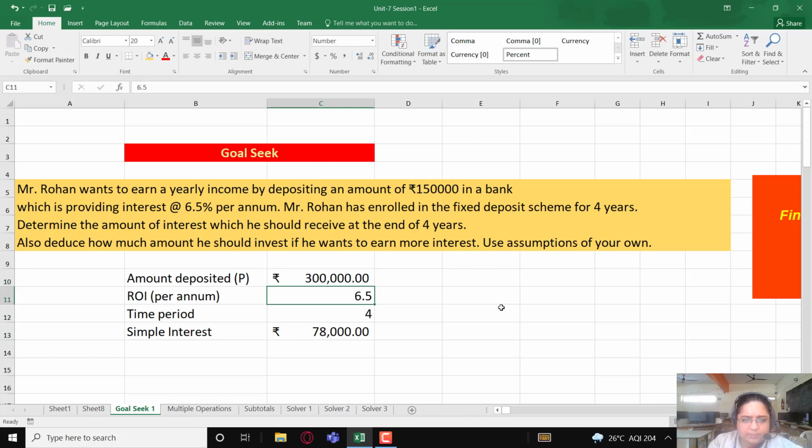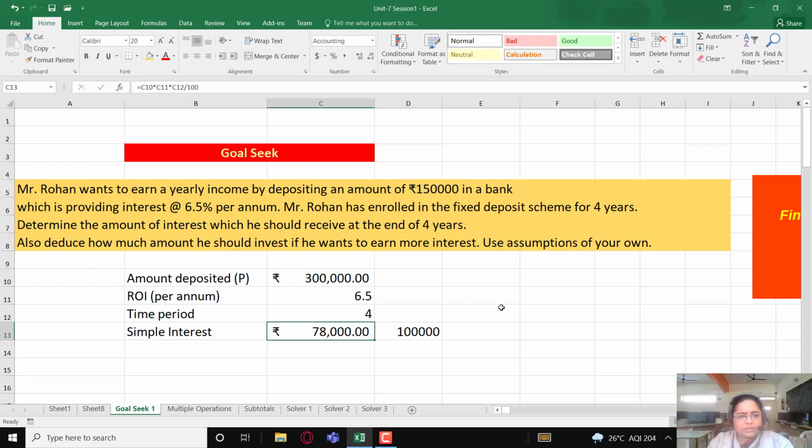One way of doing this is by experimenting with different amount values, which would be a bit cumbersome. So over here, suppose he wants to earn a certain interest, maybe he wants to earn an interest of 1 lakh. In order to check how much amount he has to deposit in order to earn an interest of 1 lakh at the end of 4 years, we will have to do a lot of hit and trial.